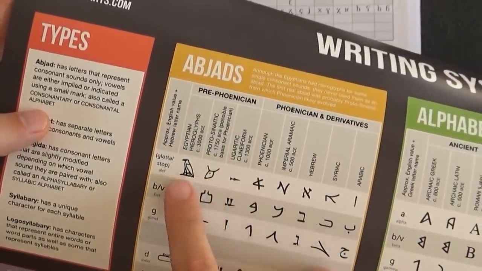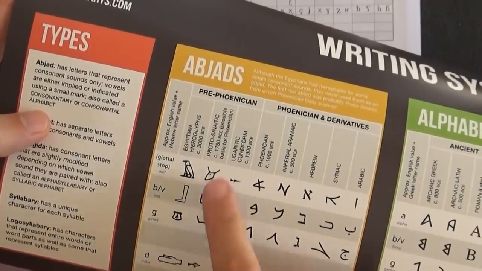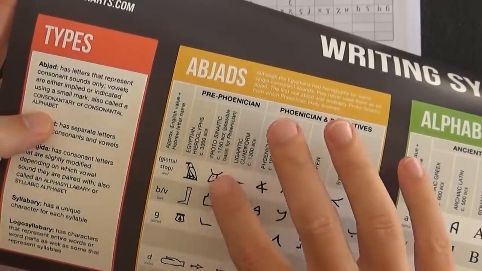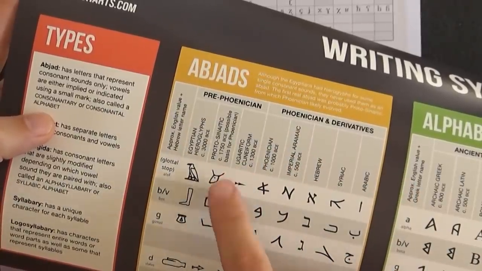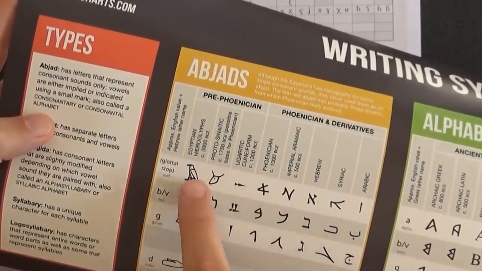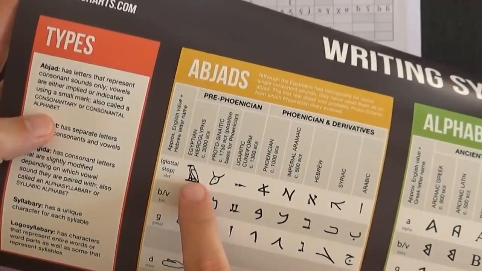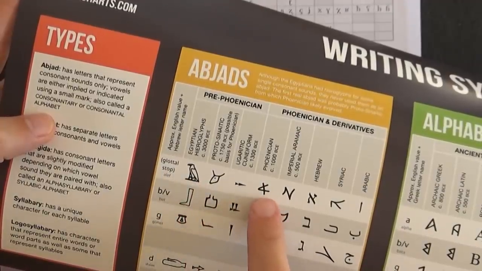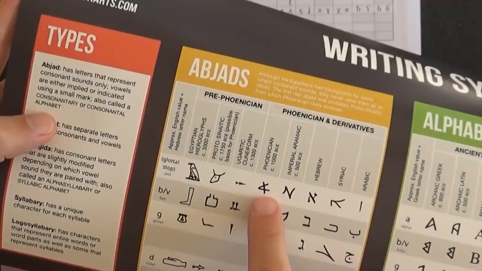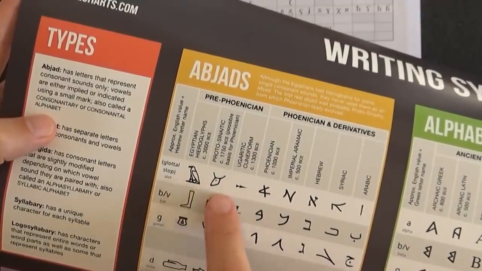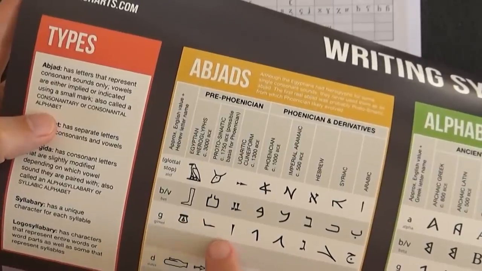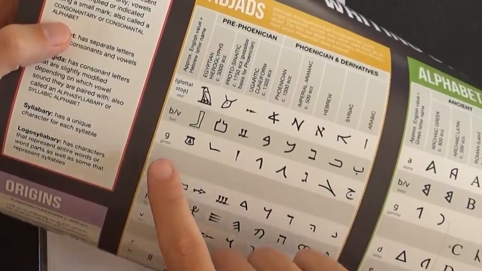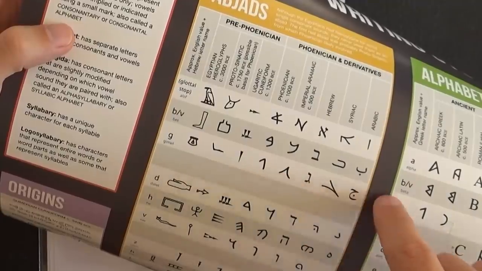And it's like before, when this Proto-Sinaitic script was discovered, it was like the missing link between Egyptian hieroglyphs and Phoenician alphabet. And so on.